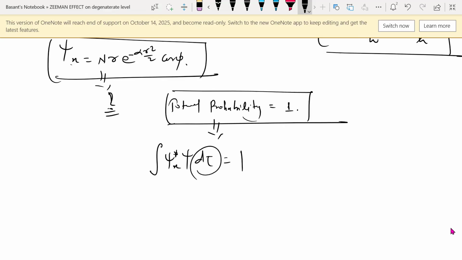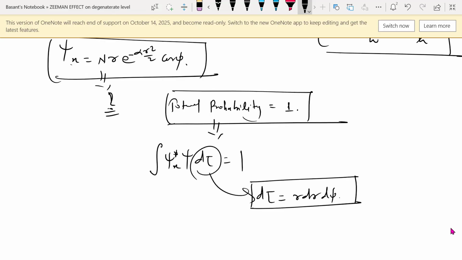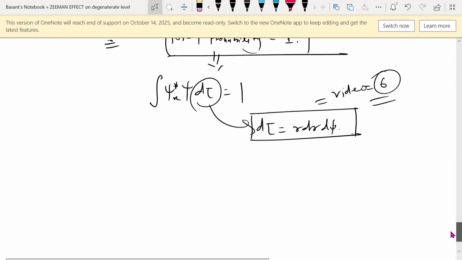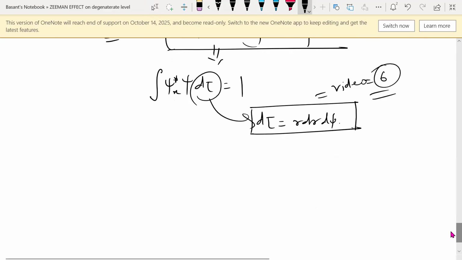And what is d tau here? D tau is nothing but r dr d phi. I have previously proven this in video 6. You can see video 6 on my YouTube channel. So here psi x star, this is a real function, so the complex conjugate doesn't affect it.